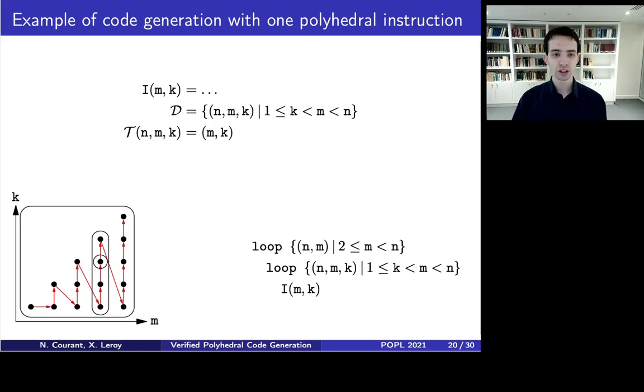After adding one dimension, we project on these extra dimensions, and we get the whole triangle where we want to execute the instruction as a result of the projection. If we fix m, we get the vertical bar in the figure. So we generate a loop node with this polyhedron, the triangle, as the argument. Finally, we get into the maximum dimension, and we generate the body of the loop inside the two loop nodes.